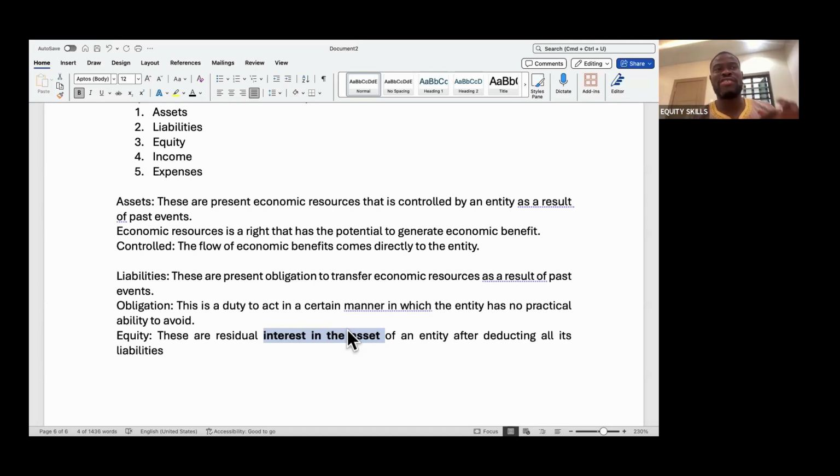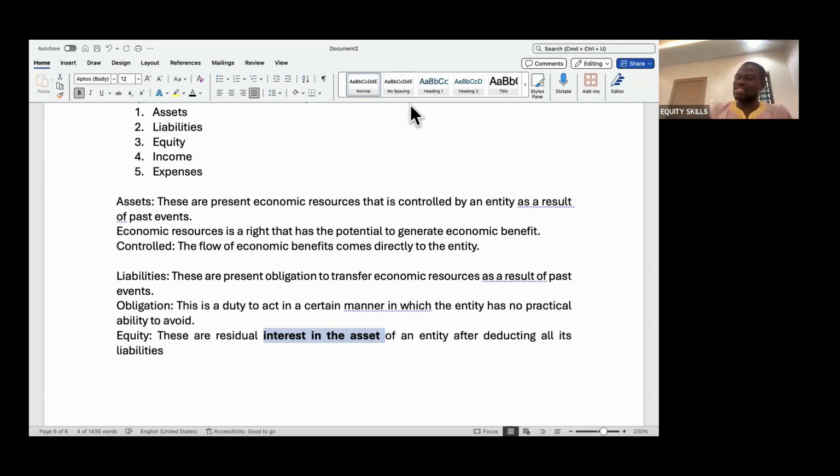If you are an investor, obviously an investor has interest in the asset of an entity. If your interest is residual, which means that when they are paying dividends, when they are paying returns, you are paid last, okay? We call you equity.